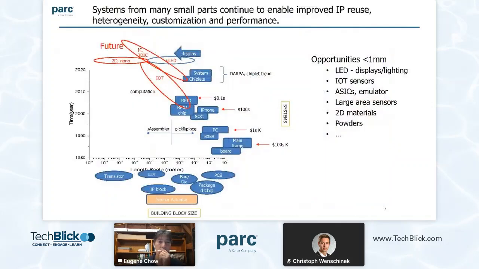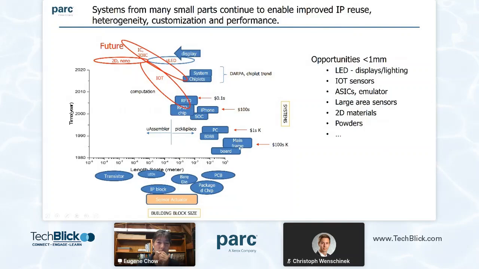The big picture, as many of you are probably aware, is that there's a steady increase towards more and more miniaturization, more and more heterogeneity, customization, and performance is really driving that. We tried to make a global plot here, which shows the scale of the components in log format on the bottom, and the last 40 years of electronics.